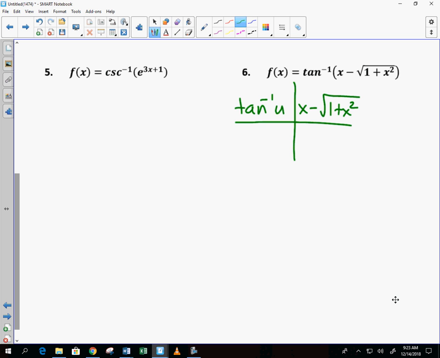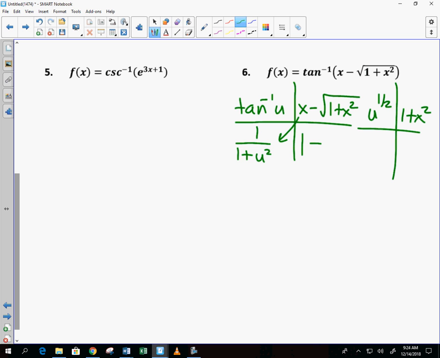What's the derivative of arctangent? Okay, so that thing is going to go there. Now I've got to do the derivative of that. What's the derivative of x? 1. It'll be minus, and so I need the derivative of this guy. So I've got u to the 1/2, 1 plus x squared.